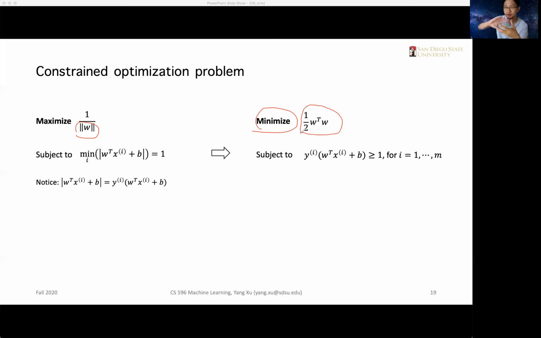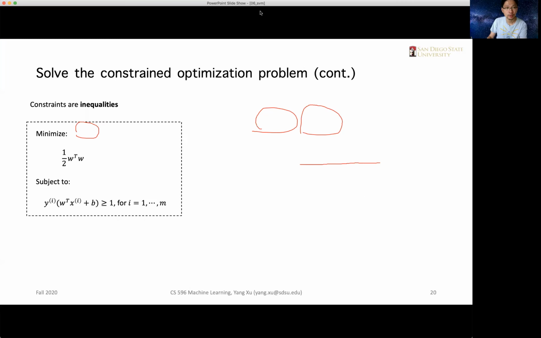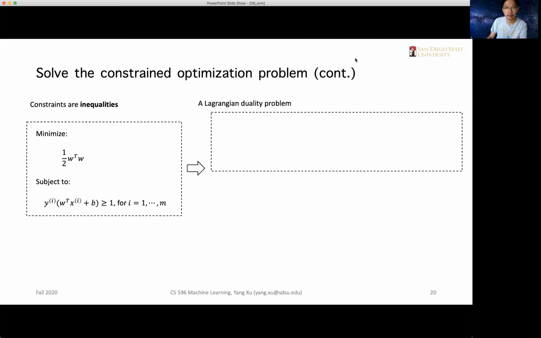We flip it around, and subject to a bunch of inequality constraints. So it's a well-formed optimization problem with inequality constraints. That's why we need to use the Lagrangian multiplier and duality problem.